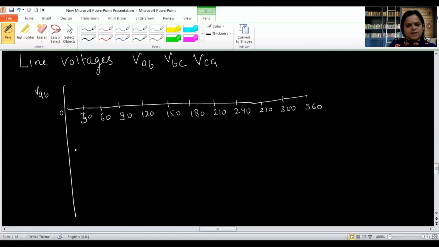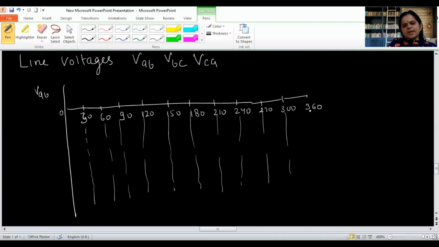As you can see from the conduction table, for the starting 120 degree, the value of voltage is Vs, and for 60 degree, it is 0. And again, for the next 120 degree, meaning 180 to 300, its value is minus Vs, and then again 300 to 360, its value is 0.